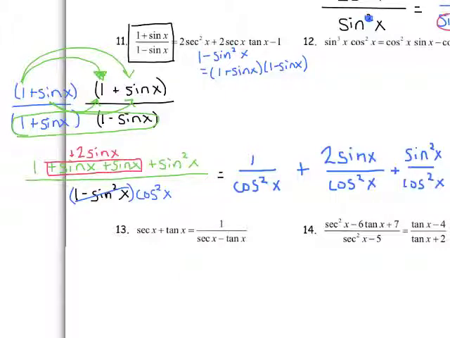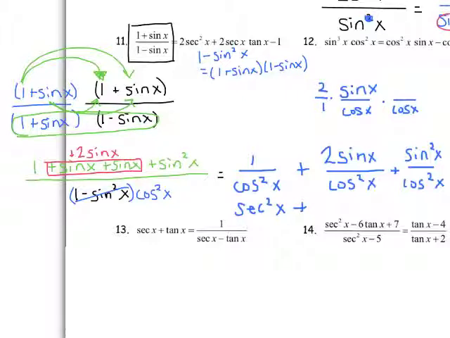All right, so 1 over cosine squared is really secant squared. So I'm just going to reduce each one. Plus, now, sine over cosine squared. Well, sine over cosine times cosine. And I've got a 2 also.